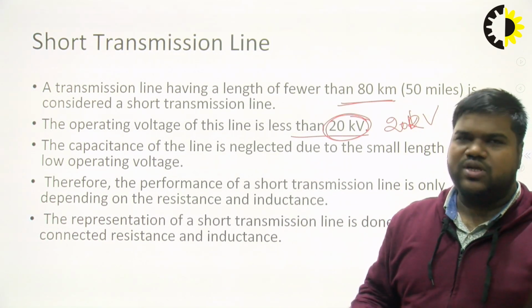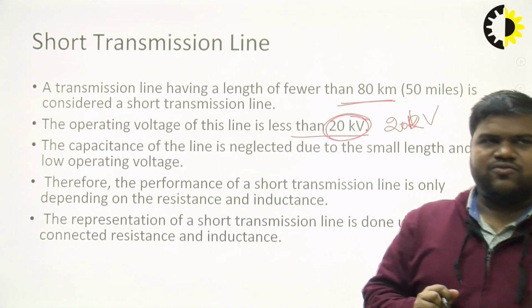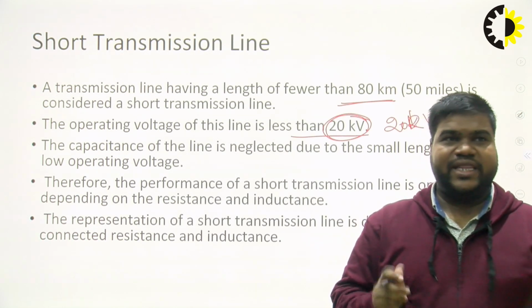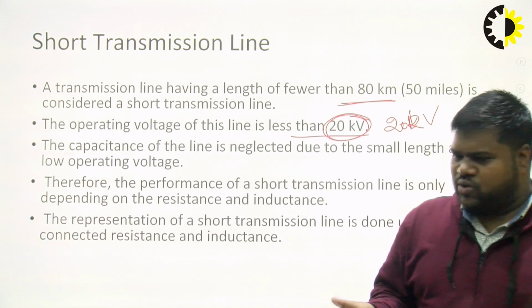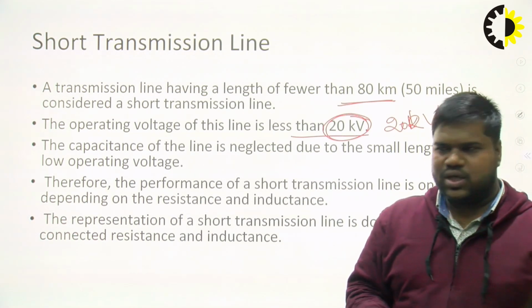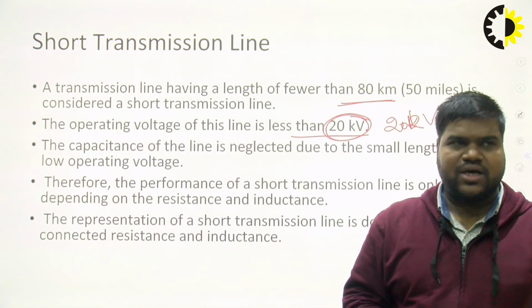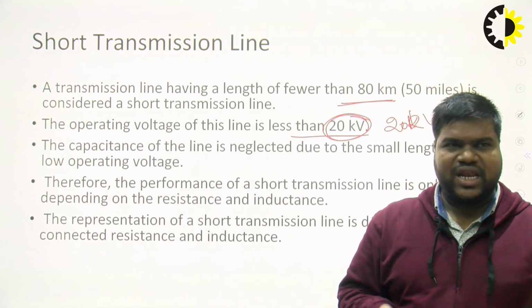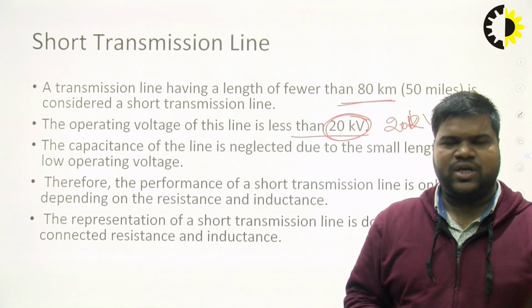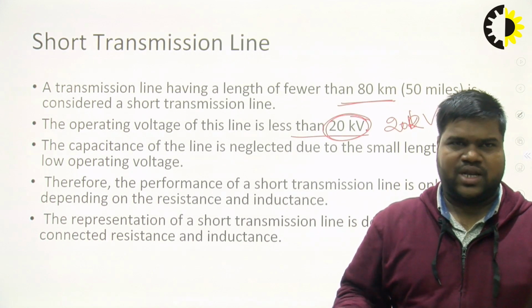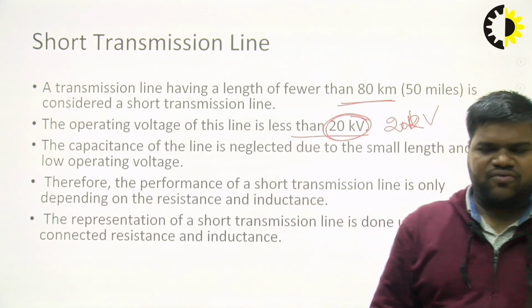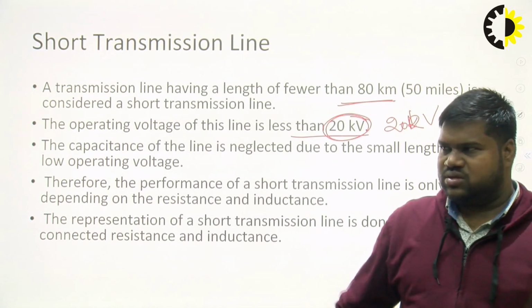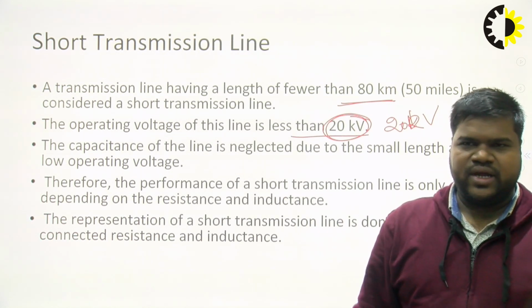So 20 kilovolt is the operating voltage for the short transmission line, and the length is 80 kilometers. From the AKTU examination point of view, they may ask: what is the length and the operating voltage of the short transmission line? These are very important points for scoring, and they should be understood well.